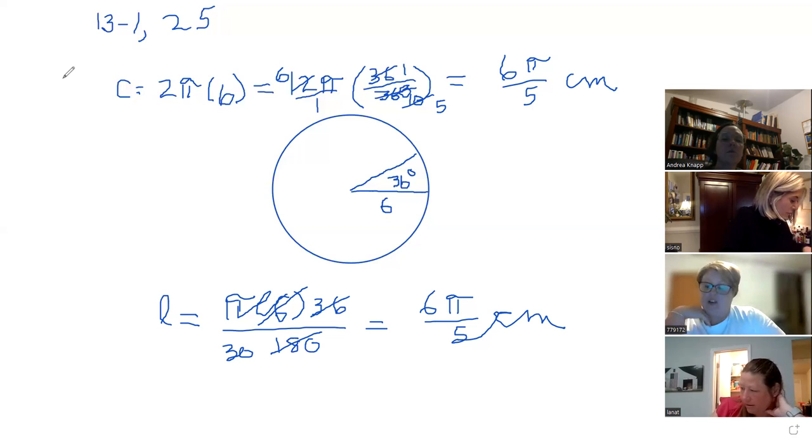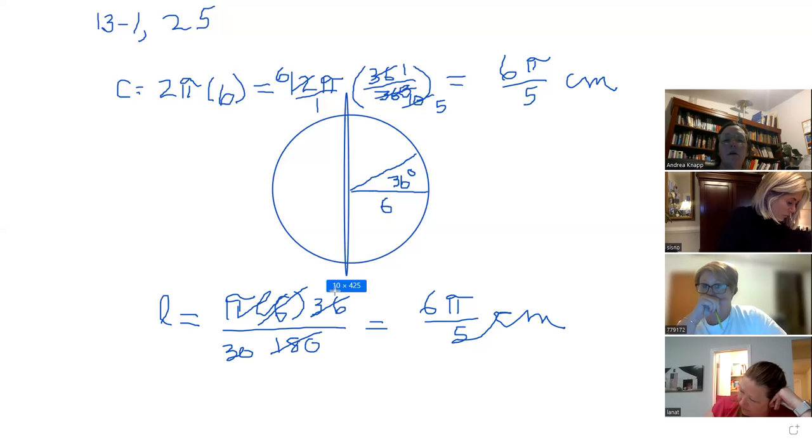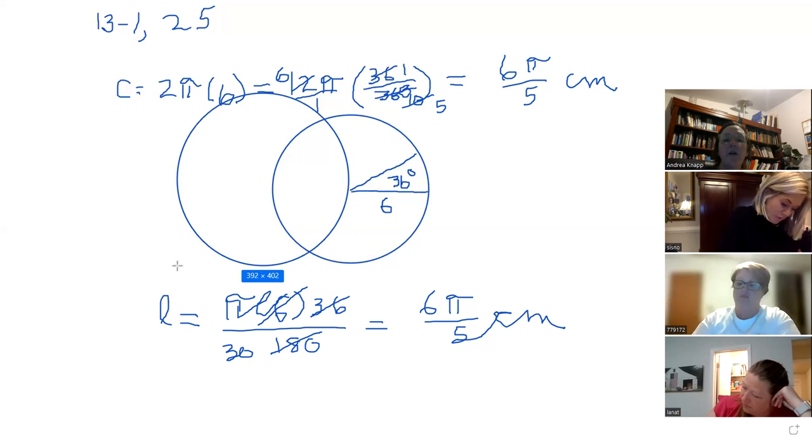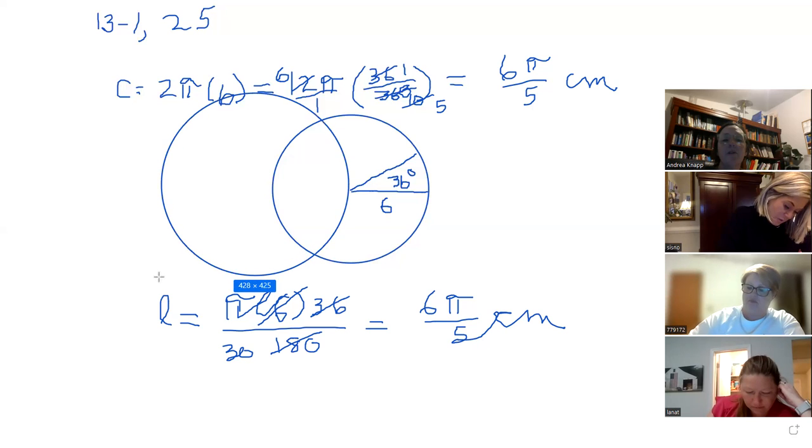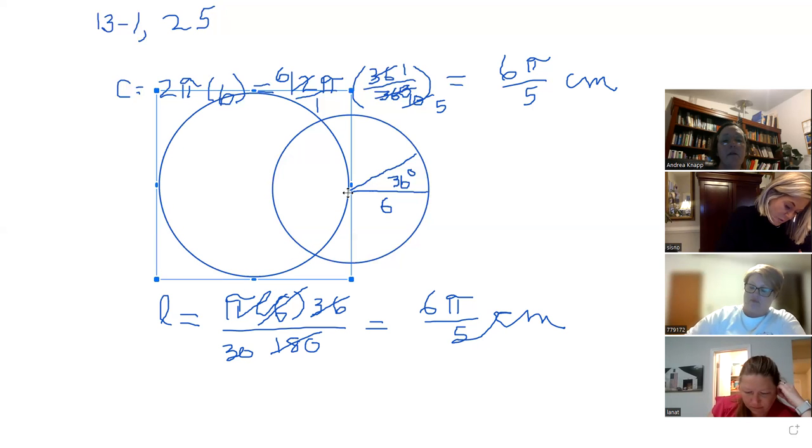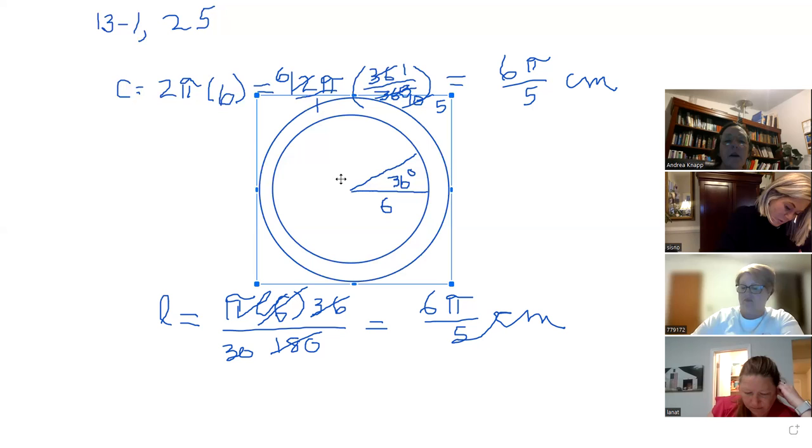I said it was longer simply because 8 is bigger than 6, so it would make the arc different. Yeah, I agree with you. If you have a bigger circle, I tried to make it, maybe I can drag it there.